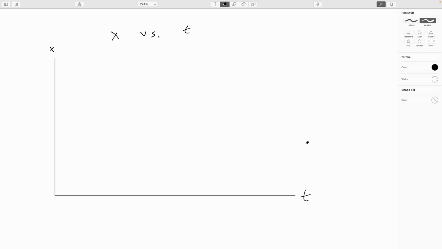I'm not going to write any numbers, so I'm not going to bother specifying units. If I have non-uniform motion, that's just a fancy way of saying it's not going to be in a straight line. So maybe it looks, I don't know, something like that. Maybe I can do a little better job with my art. Yeah, we'll call that good.